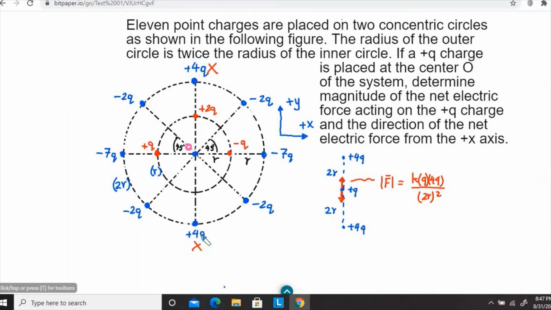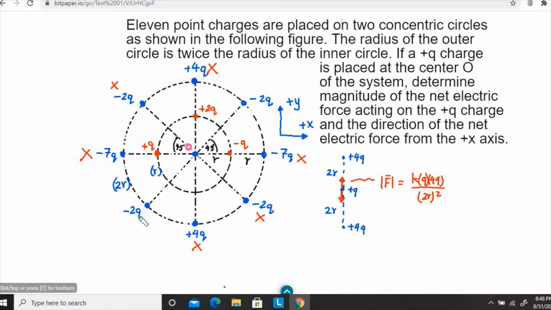In a similar way, we can conclude that the minus 2q charge here and the minus 2q charge over here, the electrostatic influence that they are going to make at the central charge is 0. Similarly, the minus 7q over there and the minus 7q over here, their repulsive forces on the central particle will cancel out with one another.